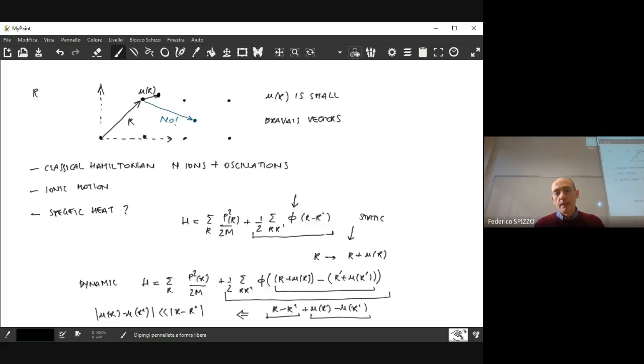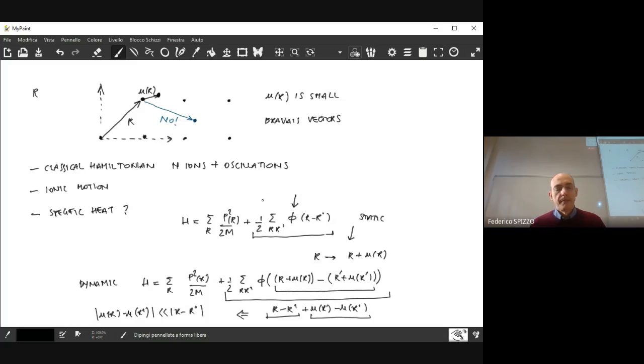So phi is the interaction potential between the ions, but this interaction potential is not the pure Coulomb potential referring to positive charges. It is not the pure Coulomb contribution considering ion in position r and ion in position r prime, because the motion of the ions is strongly coupled to the motion of the electrons.